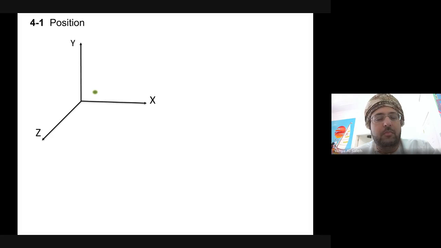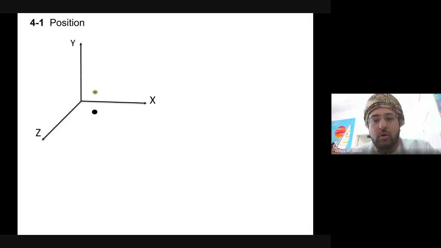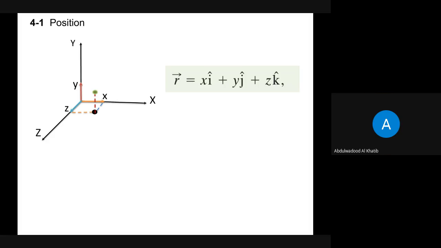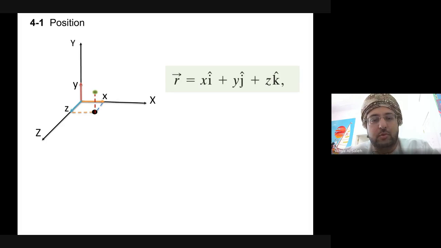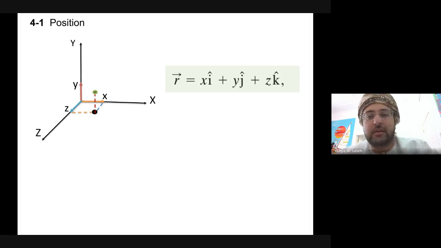With X and Y and Z, or, as we were doing now, with i, j, k as a vector. I am in a position in space, so far from the i, so far from the j, so far from the k, or from the X, Y, Z. Simple enough? Okay.